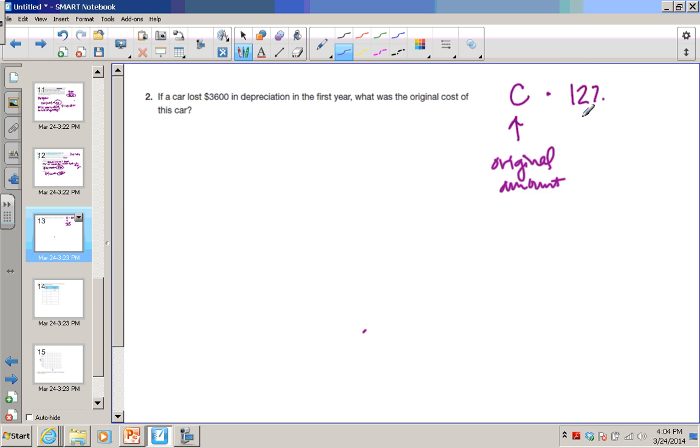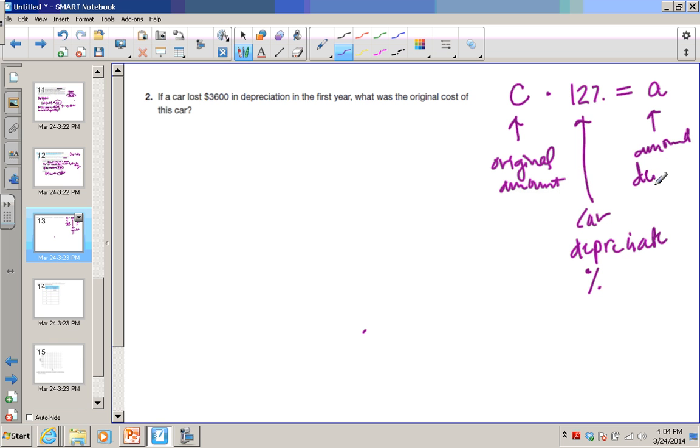So I'm going to put the car depreciate percent, and then that's going to equal the amount it depreciates, the amount depreciated.